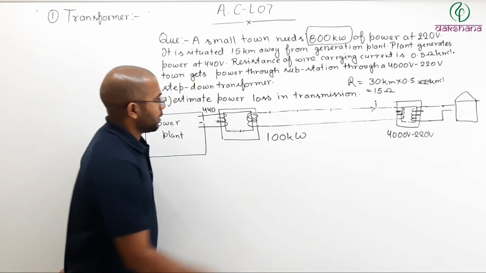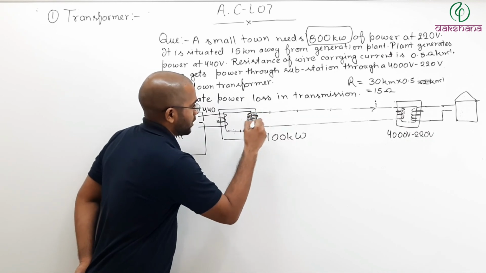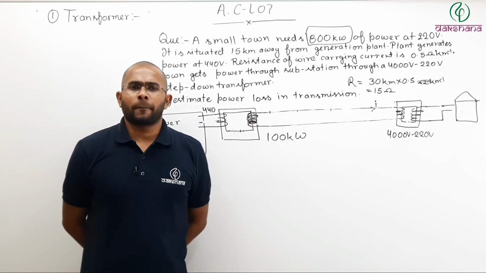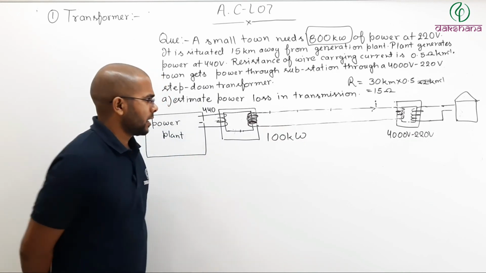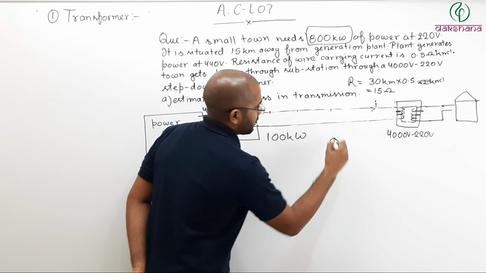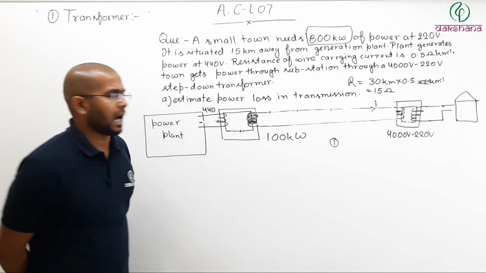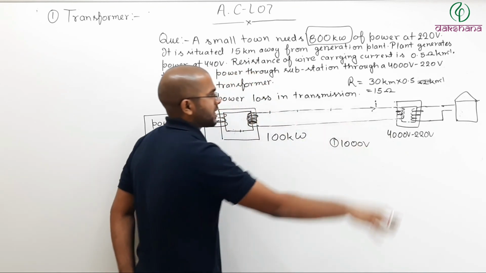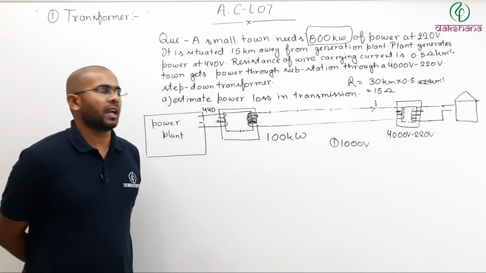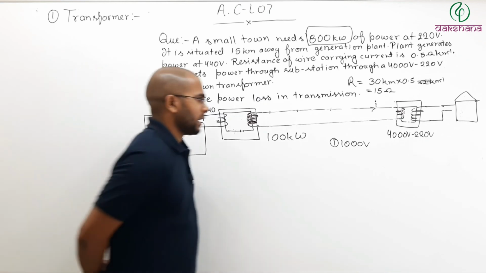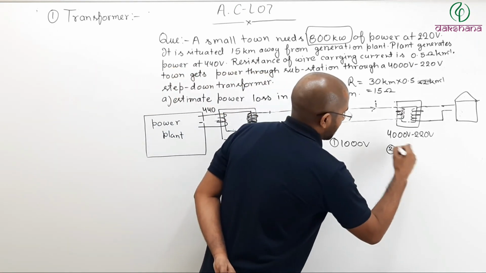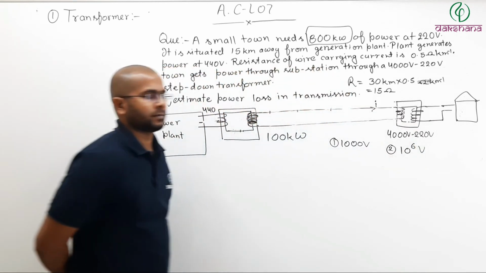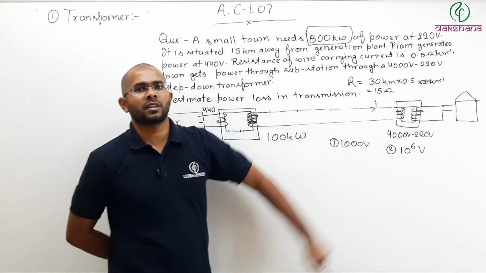Now in this coil, let us take two examples. Let us say I decided that in the first case, I will transmit power at 1000 volts. And in the second case, I will transmit power at 10 to the power 6 volts, meaning 10 to the power 3 times more than this.